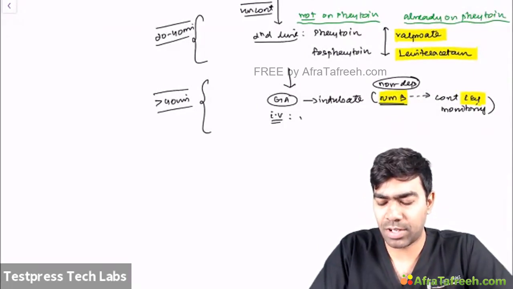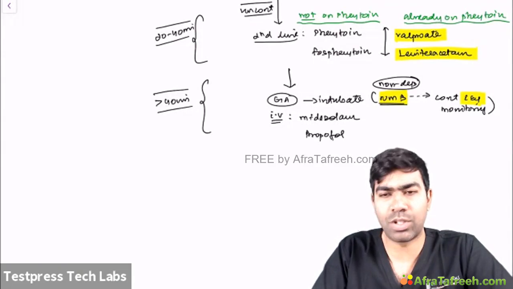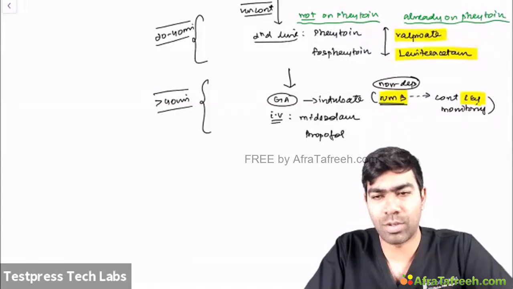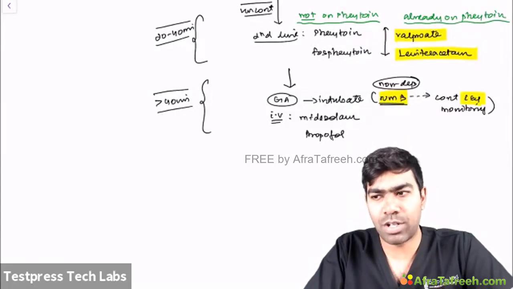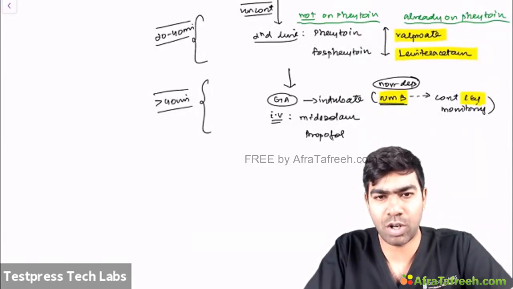IV drugs that I can prefer are midazolam, one of the important first choice drugs, or I can use propofol, but avoid using propofol for more than 24 to 48 hours because it can result in something called propofol infusion syndrome. We have studied this in anesthesia. It can cause carburia, green colored urine, hypotension, cardiac problems, cardiac arrest, arrhythmias. That is called propofol infusion syndrome. If you're using high dose propofol for more than 24 to 48 hours, the risk is always there.